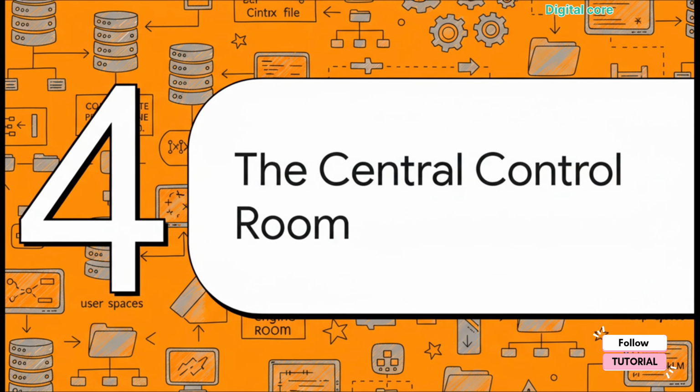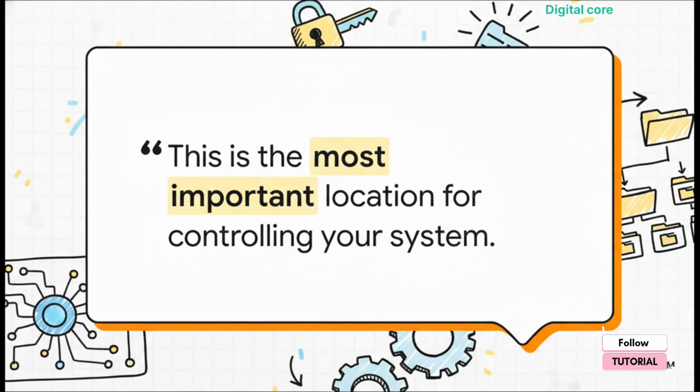Okay, so we've seen the user spaces and we've toured the engine rooms. Now let's step into what is probably the most critical location in the entire blueprint, the central control room. And listen, that is no exaggeration. If you ever need to change how your system behaves, I'm talking its network settings, how a piece of software runs, your journey is almost always going to lead you right here.